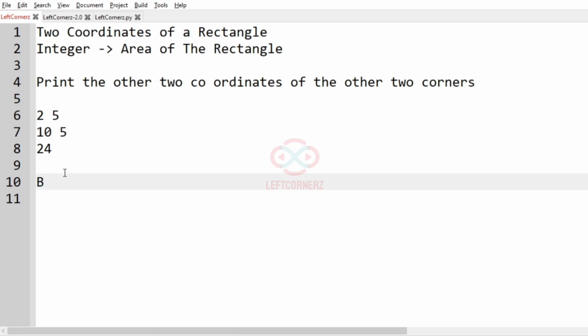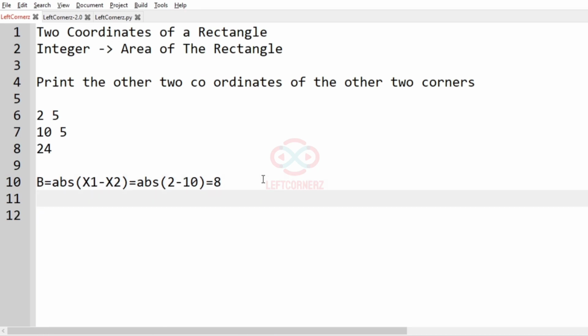So we can find the breadth using the formula. Breadth is equal to absolute of x1 minus x2, which is equal to absolute of 2 minus 10, which is equal to 8. Now after finding the breadth, we can find the length by using area.